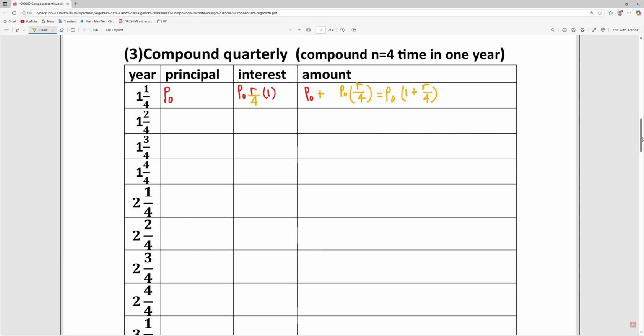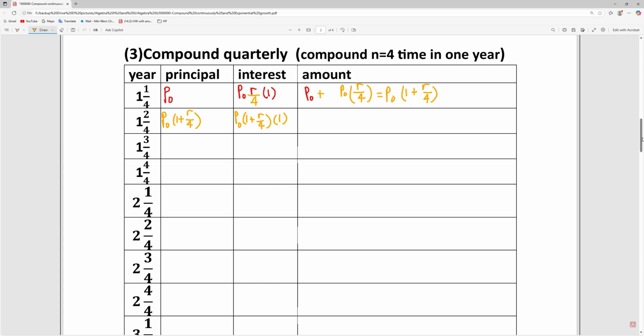And the second time, your new principal is P0, 1 plus R divided by 4. And then you have P0 R divided by 4. Oh, sorry. P0 1 plus R divided by 4. And you have another quarter. You have 1 quarter.